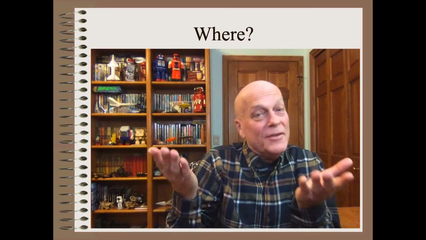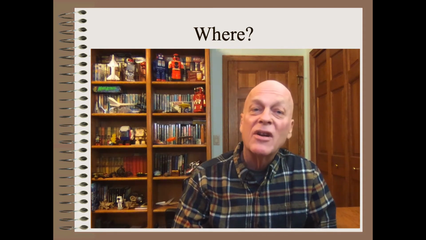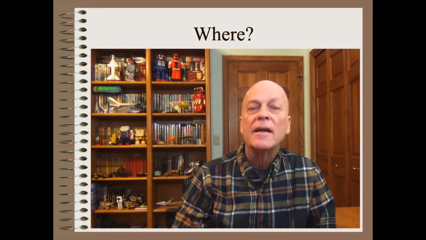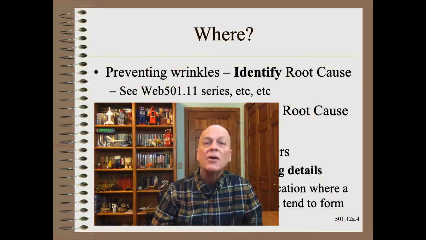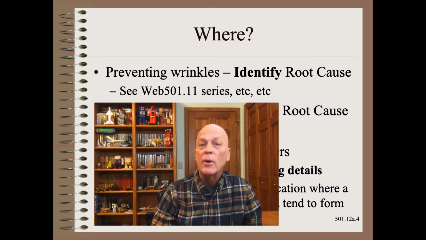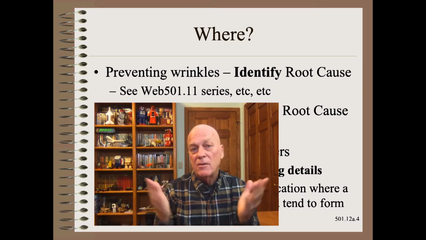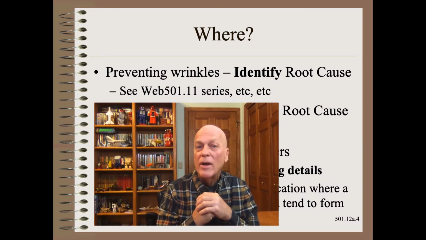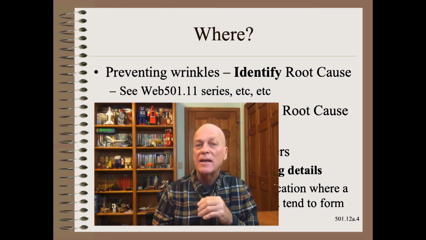The where is usually the easiest, especially if the spreader is being applied to help prevent wrinkles. It is a 4-step process. First, we identify the specific type of wrinkling that we are hoping to prevent. There we are guided by much experience and much science, such as we introduced in the Web501.11 series and many other places listed at the end of this clip.